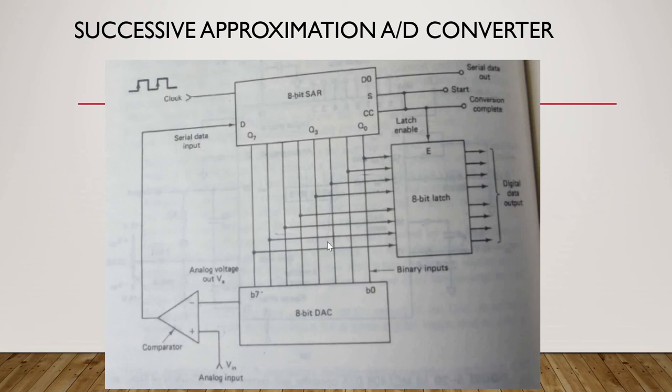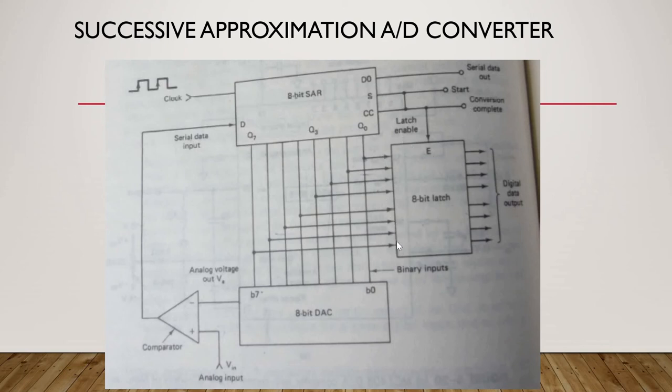According to the clock it is going to generate the output, and one more output is serial data out D0. S is start, that is, conversion starts by enabling this button, and CC is conversion complete, meaning after your Q0 bit is tried, the conversion is going to complete. So this is going to enable the end of conversion.